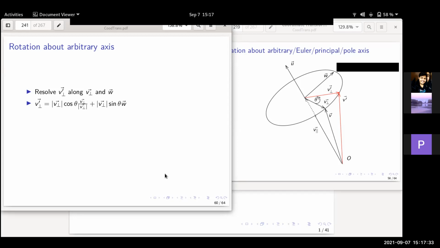Similarly, along the W direction, it is the modulus of V perp times sine of theta in the direction of W. Is this clear? This is an important observation. We will revisit this when we look at quaternions.